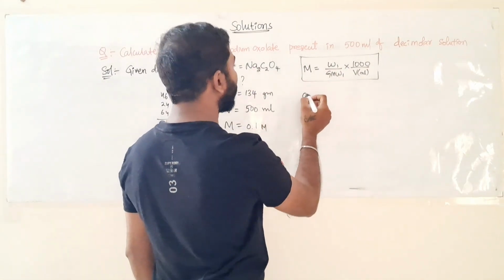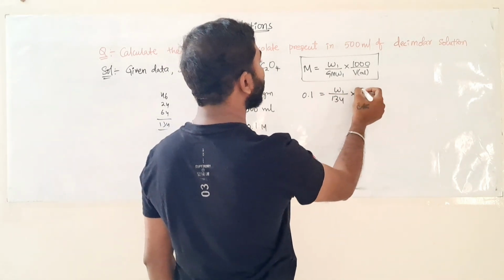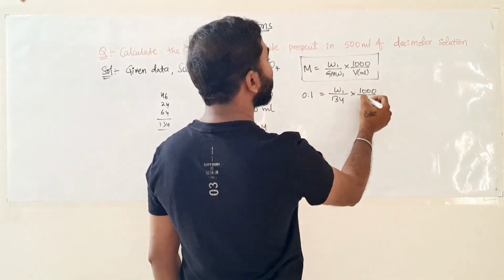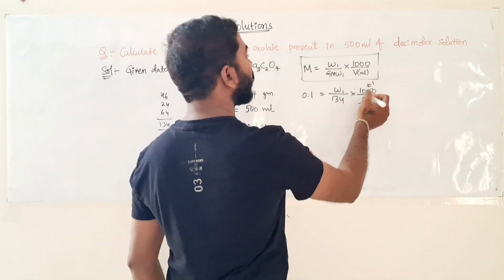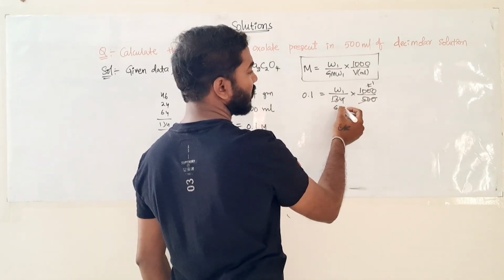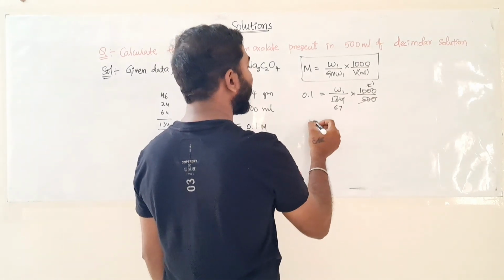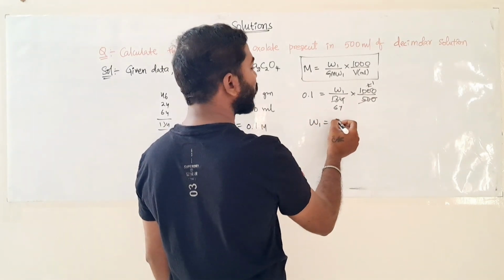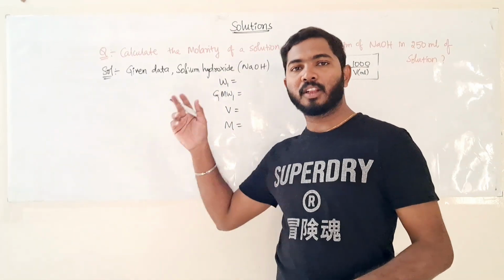So 0.1 is equal to W1 by 134 into 1000 by 500. So this goes out with 2, and then this goes out with 70, 60, 67. Yeah, so 67. And now the weight of that sodium oxalate is going to come out as 6.7 grams. Hope you understood. Let's take another question.